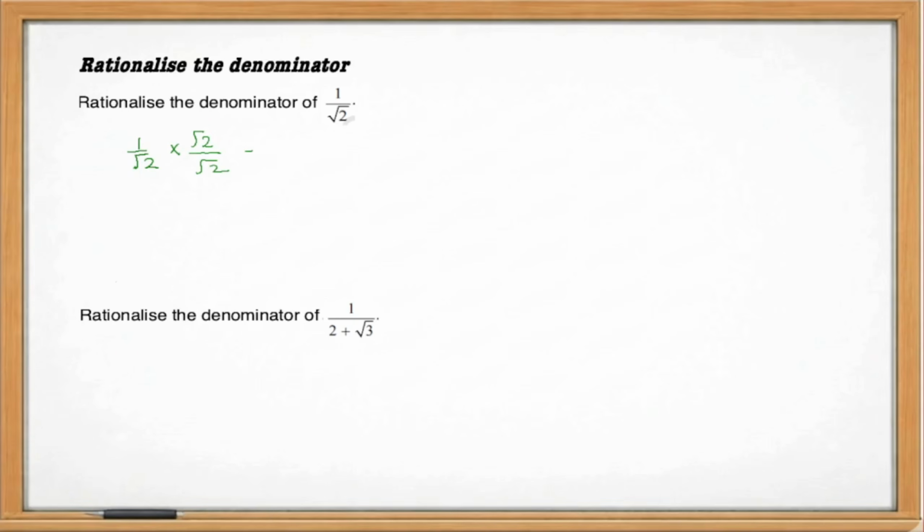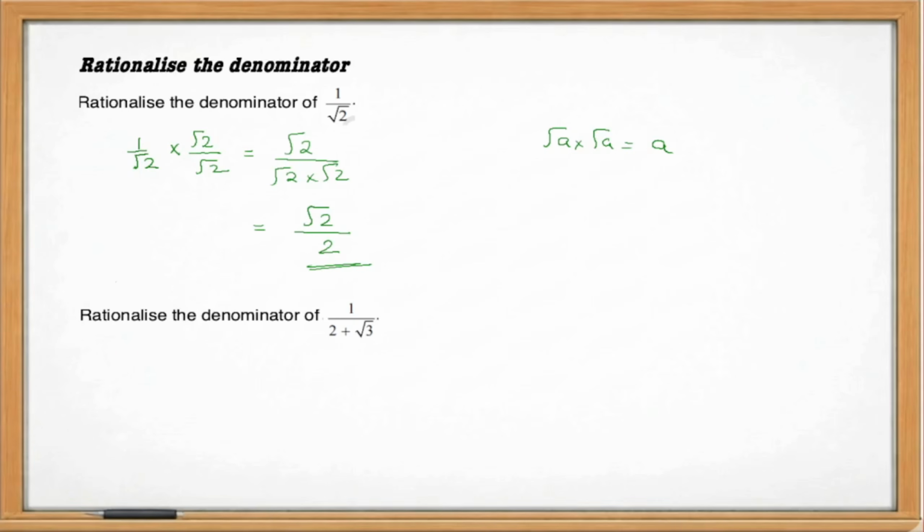Now it will become root 2 divided by root 2 into root 2, which is equal to root 2 divided by 2. Like I told you before, root a into root a is equal to a. This is an identity. So the answer here is root 2 by 2. This is our answer.